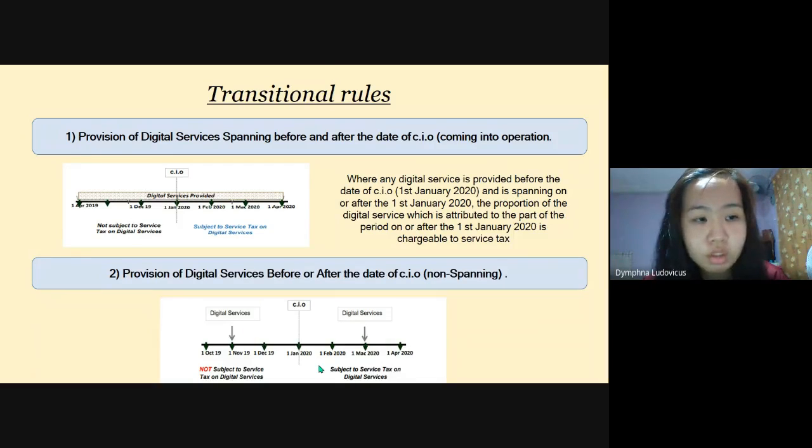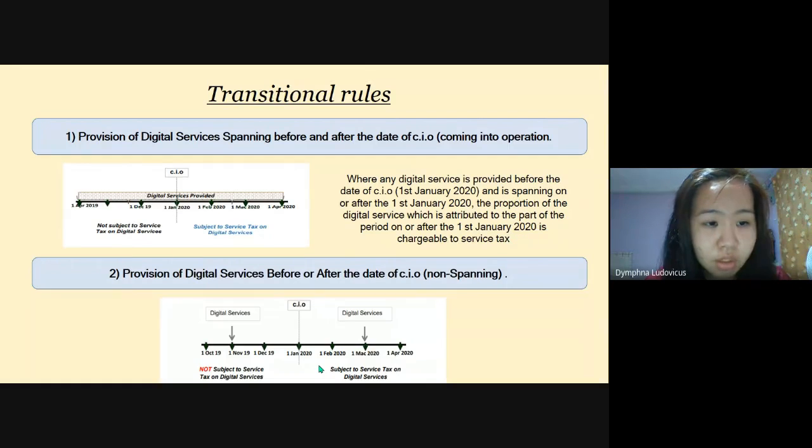The first one is the provision of digital services spanning before and after the date of CIO. Any digital service that is provided before 1st of January 2020 is not subject to tax. Only after the date of CIO is that service chargeable to service tax.